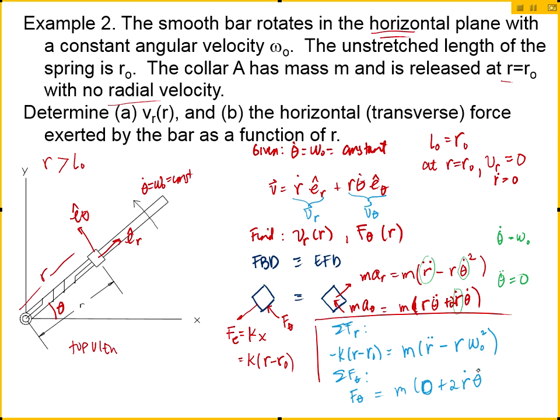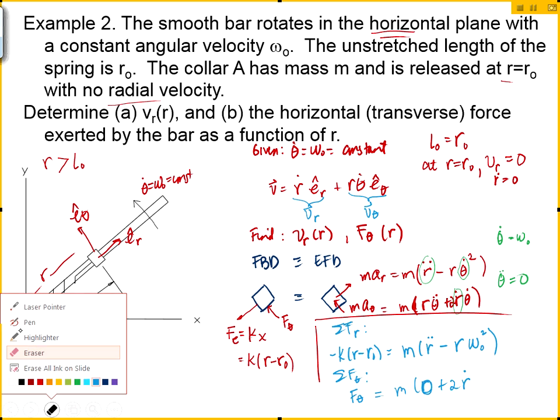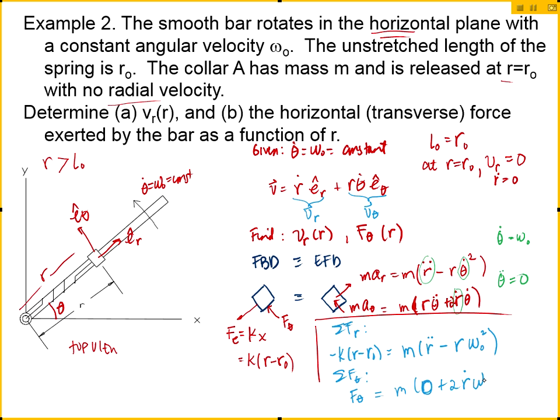Plus the Coriolis effect, which is 2 r dot theta dot. Okay, let's do omega. Thank you. So the second one here, which will give us directly F theta, we are done with, provided we know what r dot was. Yes.